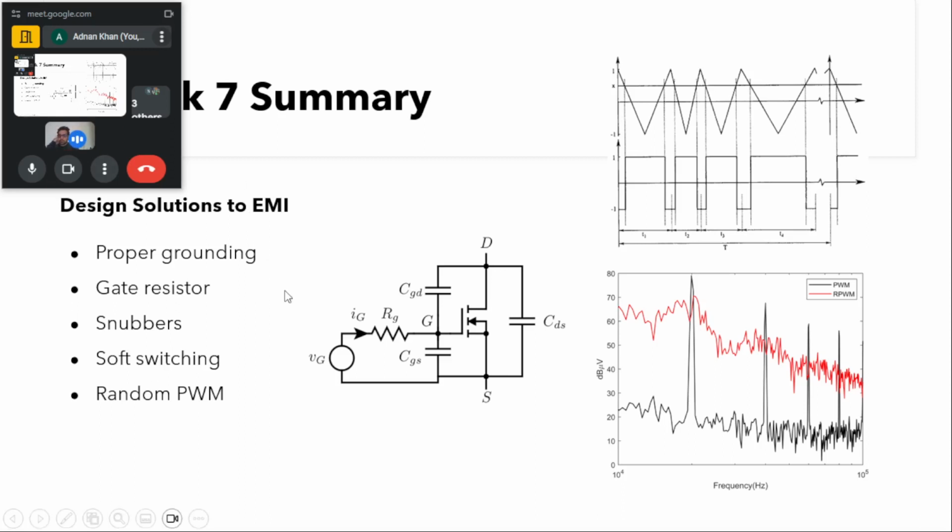So one way is to increase our turn on time, which may then reduce our dv/dt and di/dt.